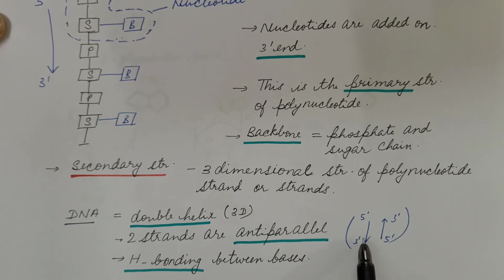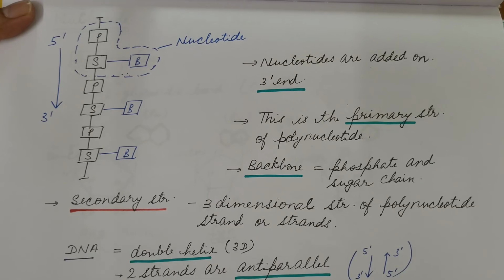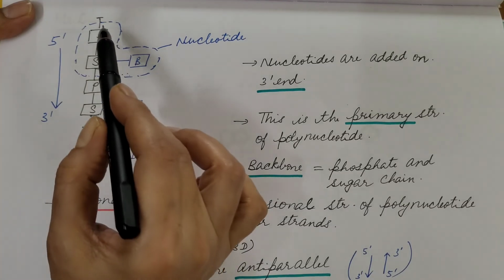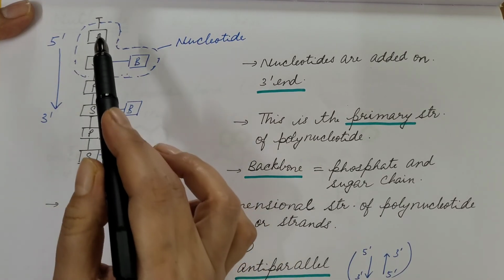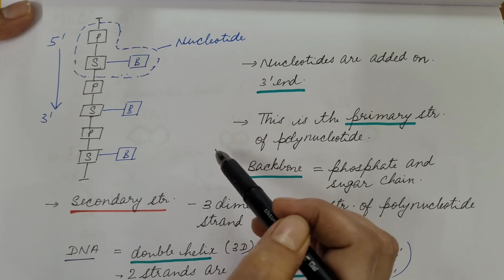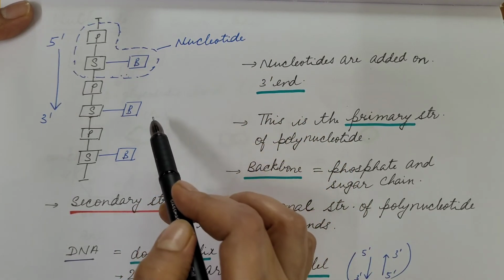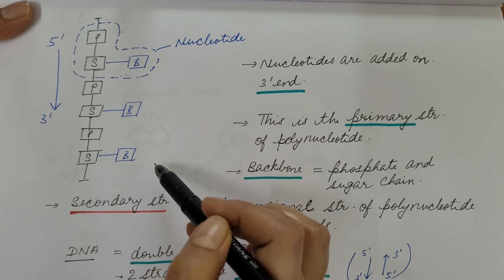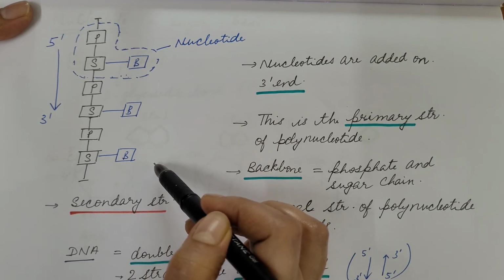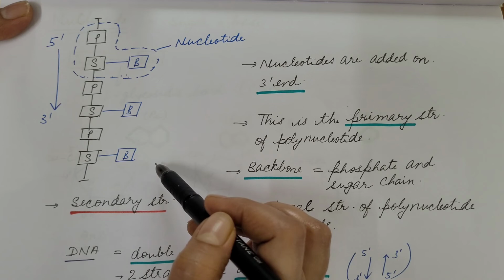One strand is in this direction and the other is in this direction. If this is one strand in this direction, the other strand will be in the opposite direction, and the pairing takes place between the nitrogenous bases. This involves hydrogen bonding between the nitrogenous bases.